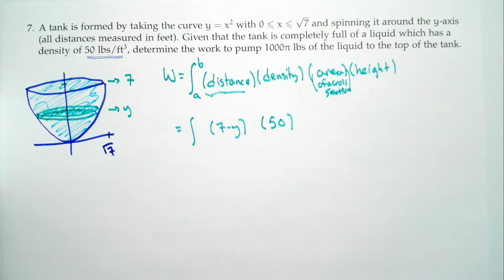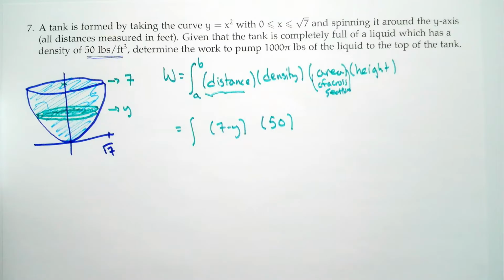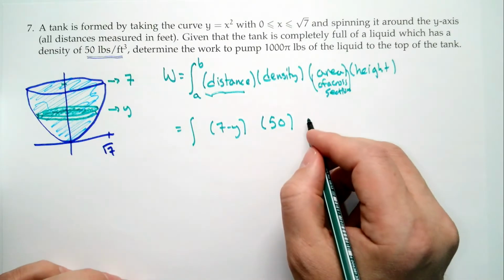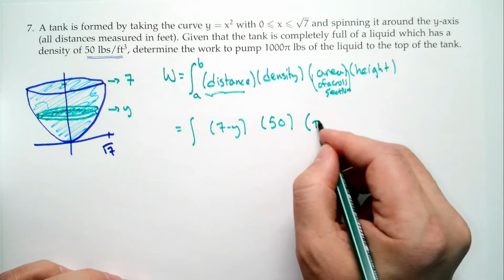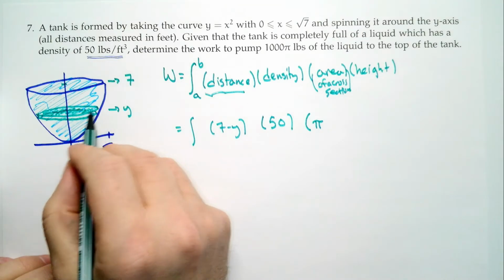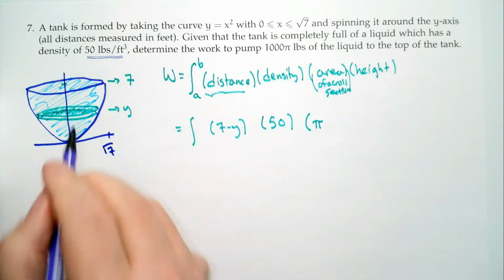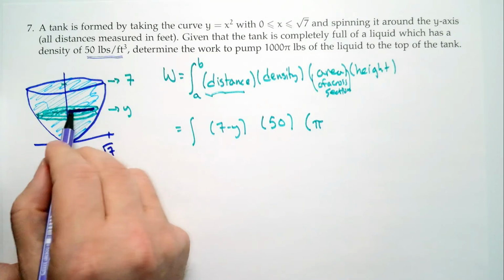Now, the area of a cross section. Well, let's think about it. What do our cross sections look like? They're circles. Okay, well that's good. So a cross section would look like pi, and then you'd have to have the radius. Let's think about that. What is our radius here?